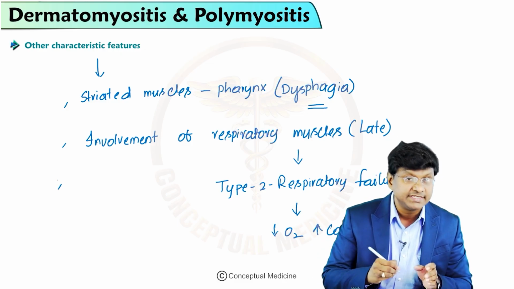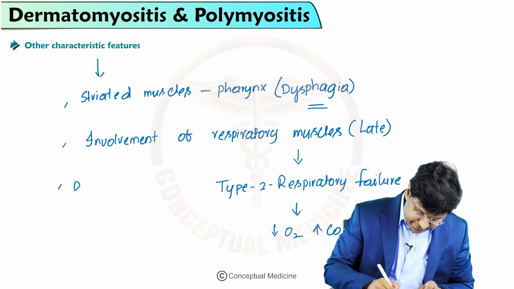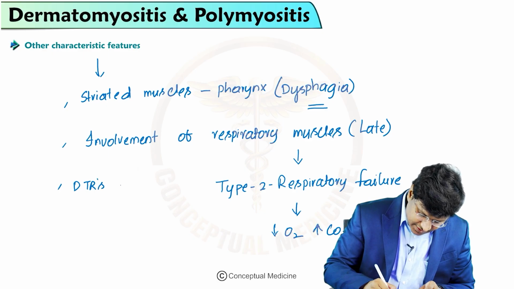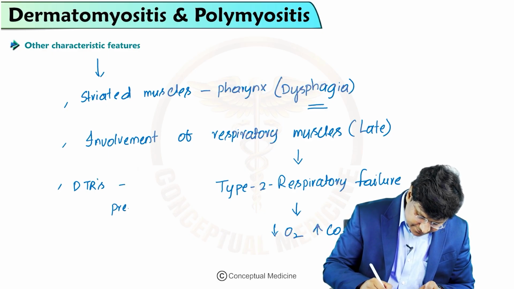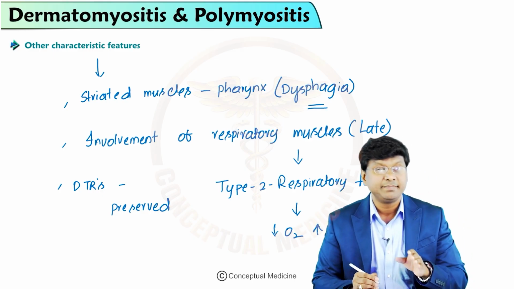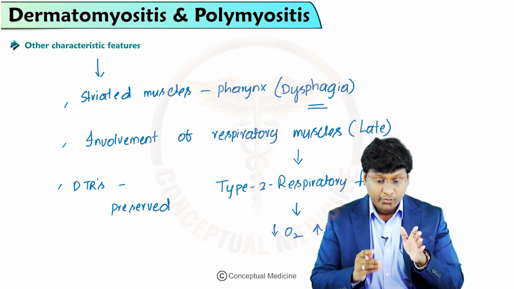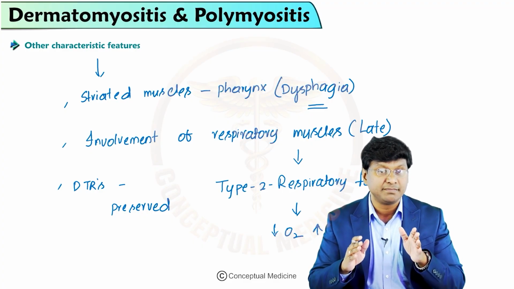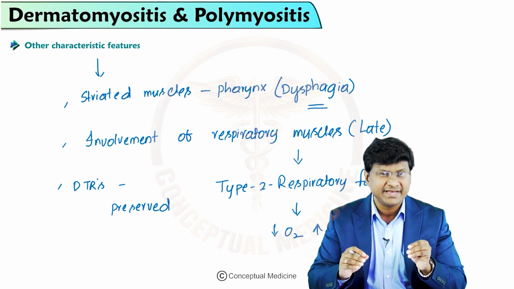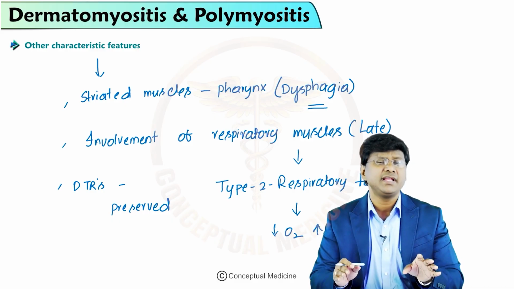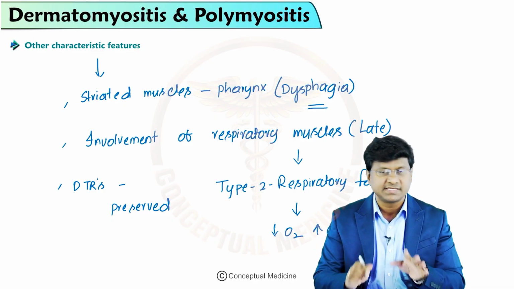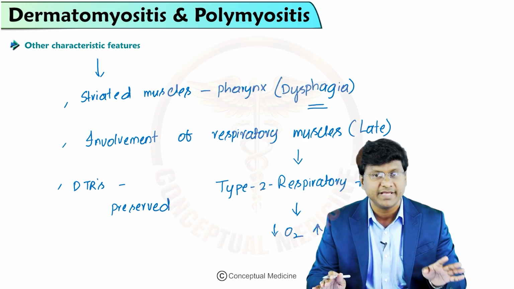And what about the deep tendon reflexes? The deep tendon reflexes are preserved. But when there are severely atrophic muscles, in such cases the deep tendon reflexes will be absent.